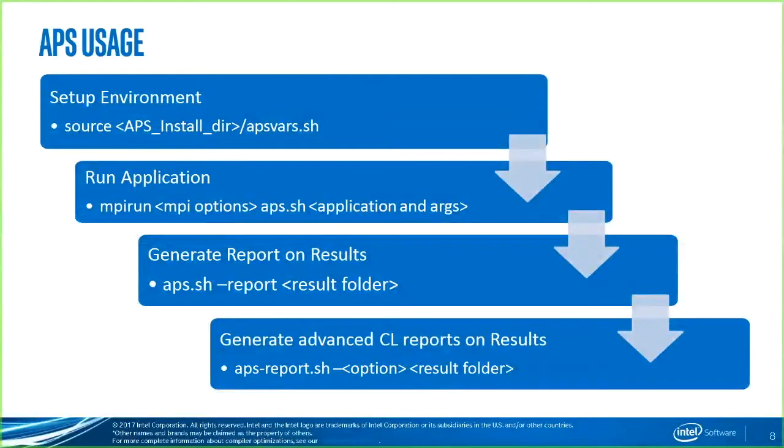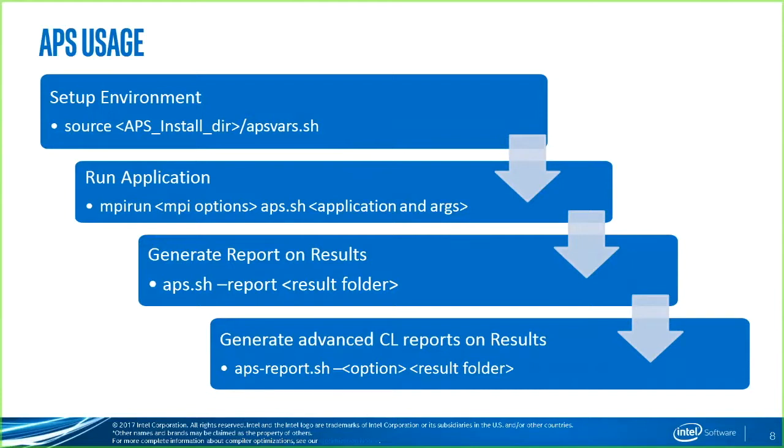Before this, how to actually use APS. First, we need to unzip the package, if it's from scratch, and source the variables. Then put aps.sh between the MPI launcher or job launcher and the application with arguments, and run this with a job scheduler or interactively.